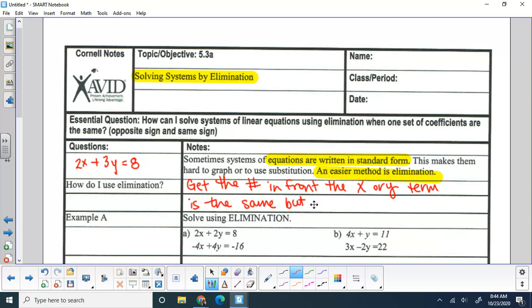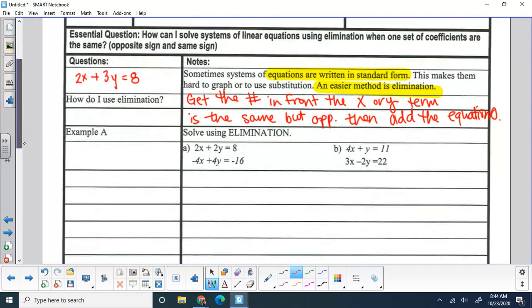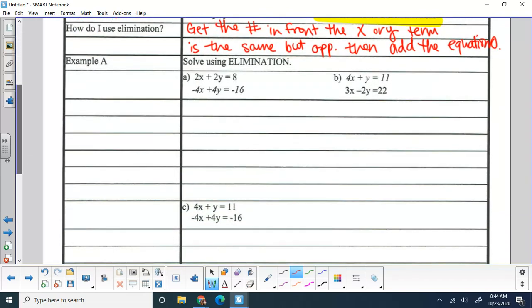Then when you add them together, it'll add to 0. So you get the number in front of the x or y term to be the same but opposite, then add the equations together. Now, as we go through the process, it's going to make more sense. And I'm going to write a list of the steps that we follow in the left-hand column.